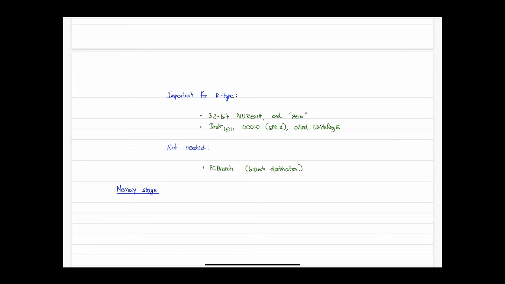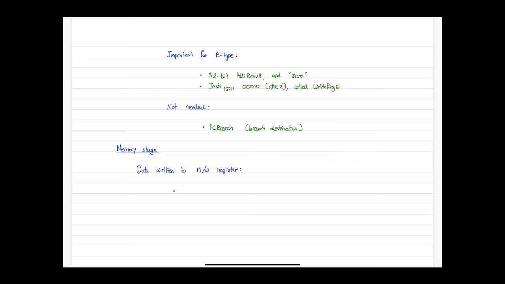Okay, memory stage. As we pointed out earlier, this stage is not being used, but we still have to count it. So data is passed straight through. So the ALU output, which is again the result of the SLT operation, and the destination register, which is register number 2.